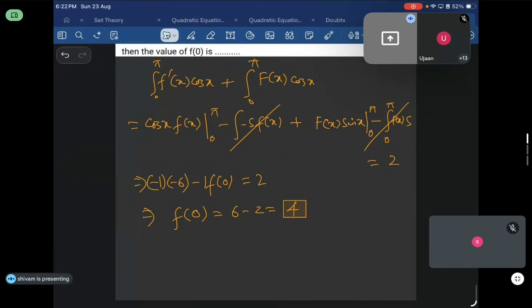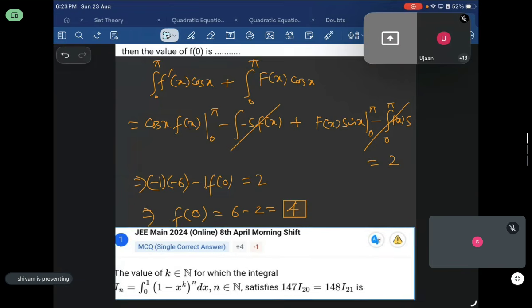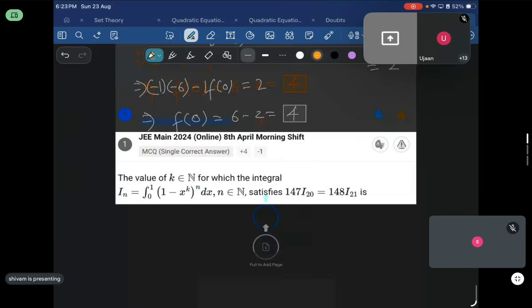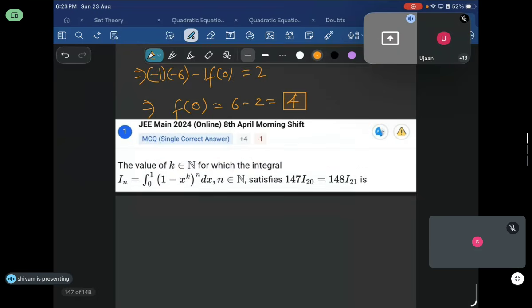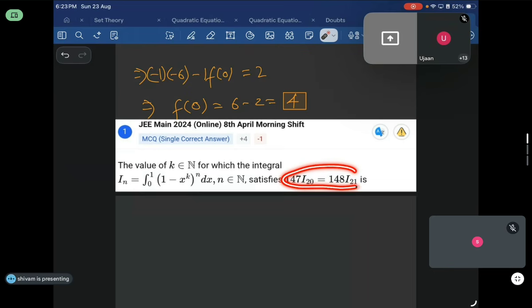So what are we getting? In is equal to? Okay. Now see, by looking at the expression, we need to find a relation between In and In minus 1. It's like n minus 1 by n.